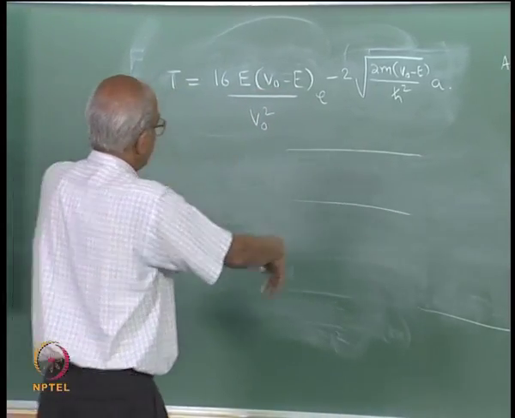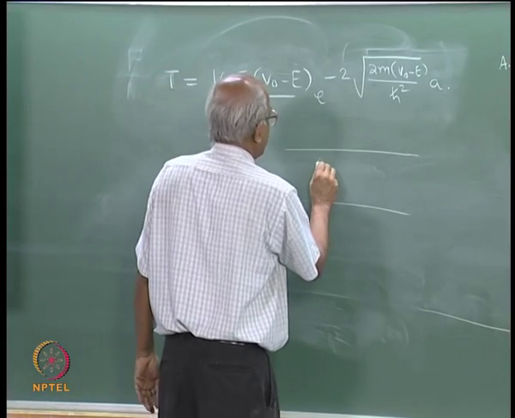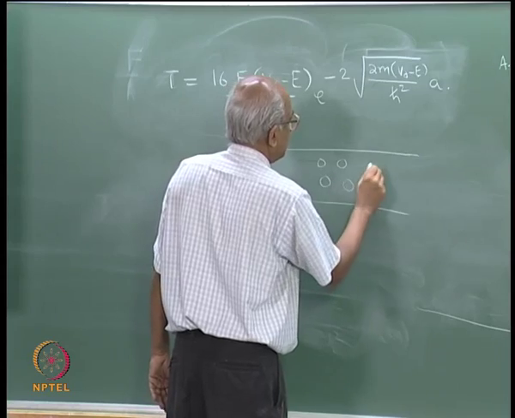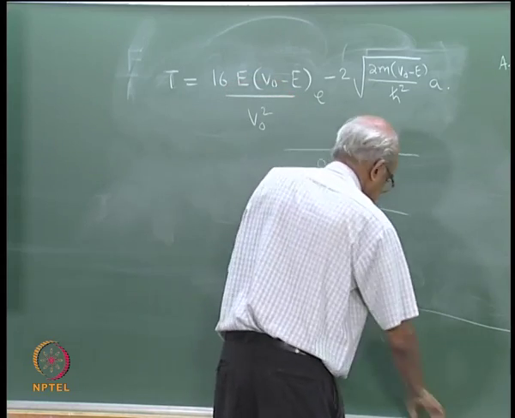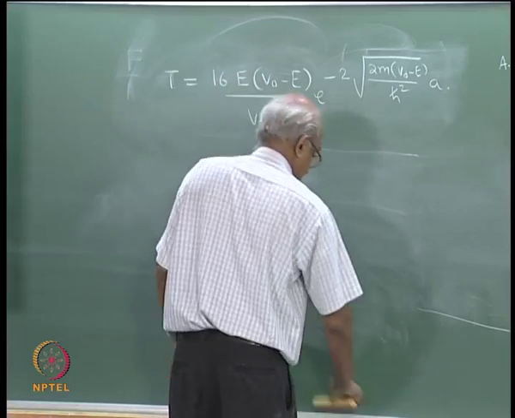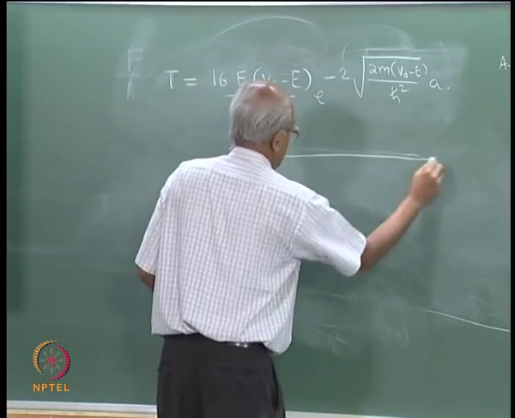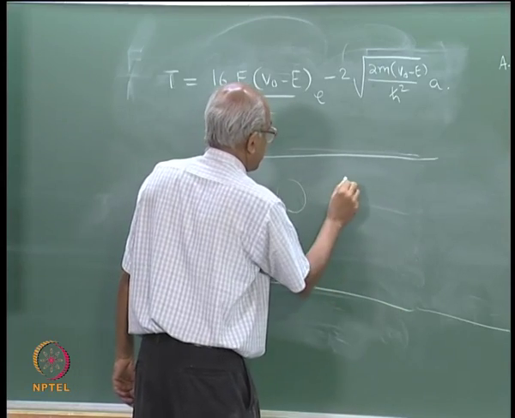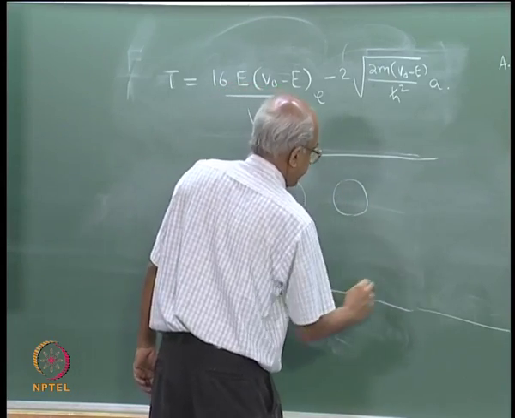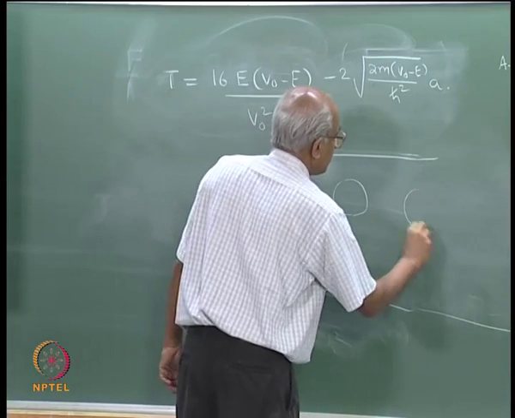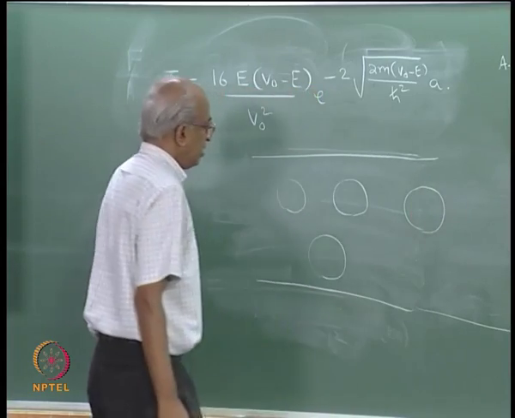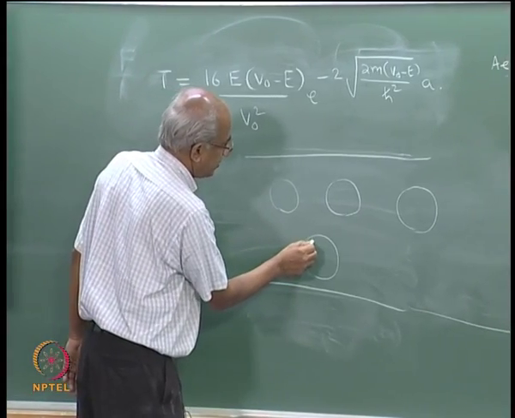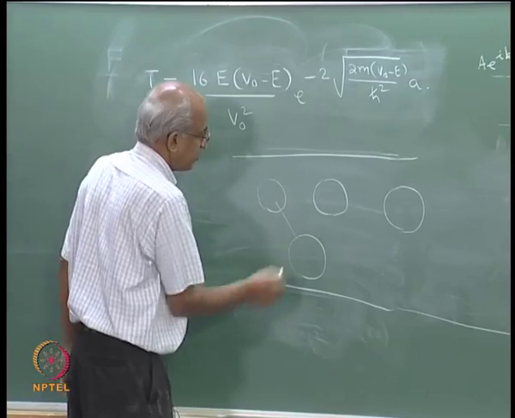Imagine you have a polymer film and you have metallic nanoparticles embedded. Maybe I should draw a bigger figure. This is a film with metallic nanoparticles embedded in it, and it is possible for electrons to tunnel from this metallic nanoparticle to that metallic nanoparticle.